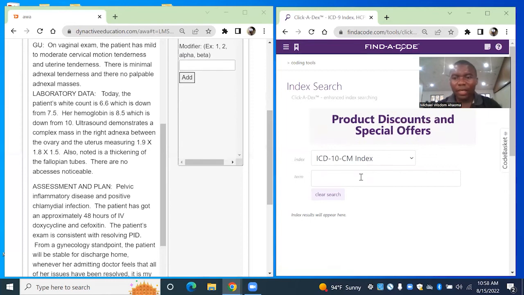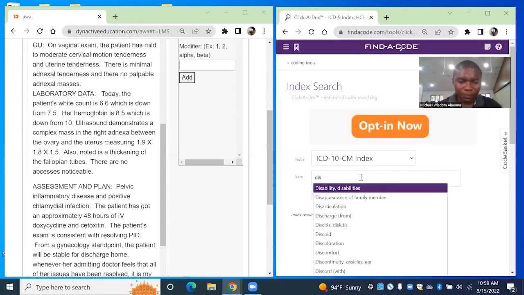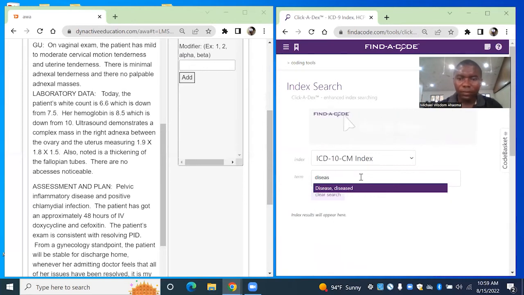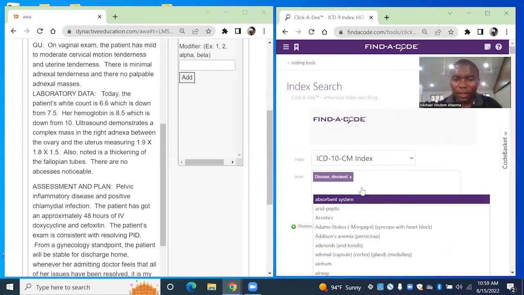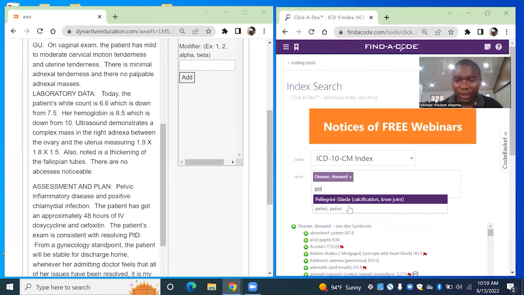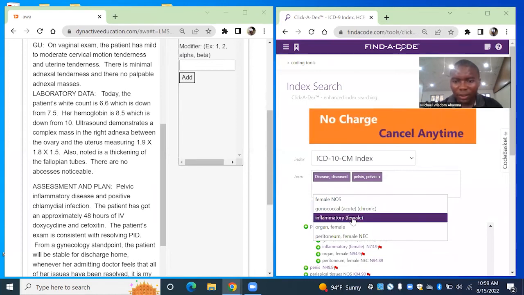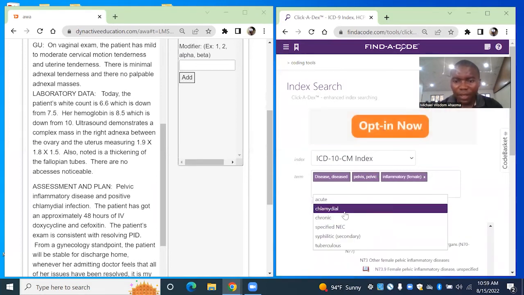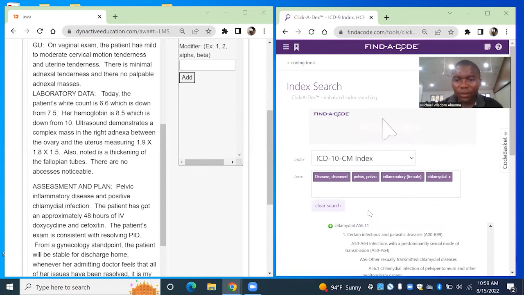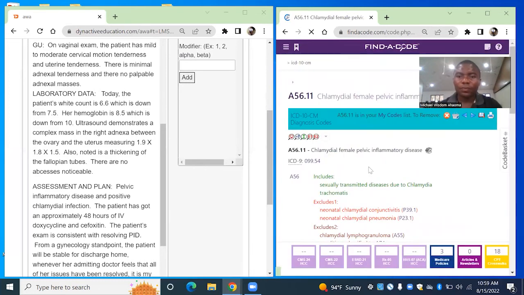My main term would be disease, then pelvic, because it's a pelvic inflammatory disease, then female, and chlamydia. So there is a combination code for the diagnosis here.